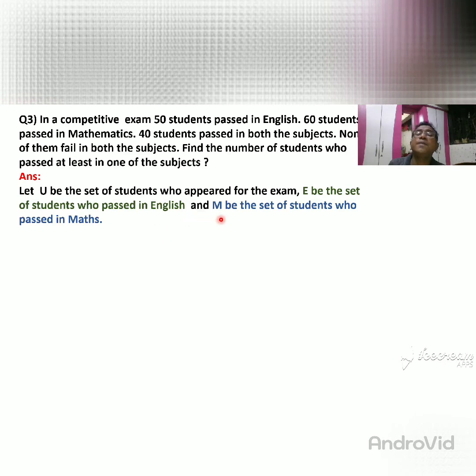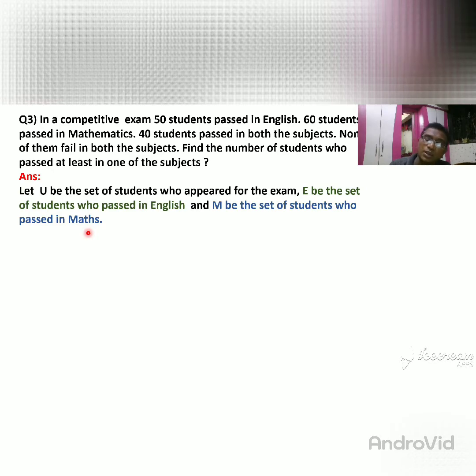M is for mathematics. So U is taken for the universal set for the class, E is taken for English pass students and M is taken for maths pass students.